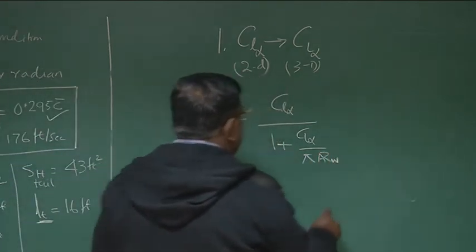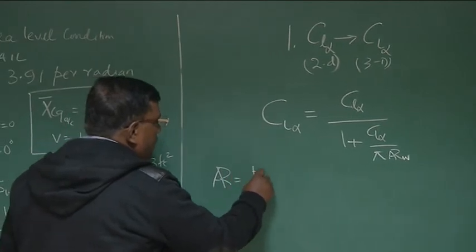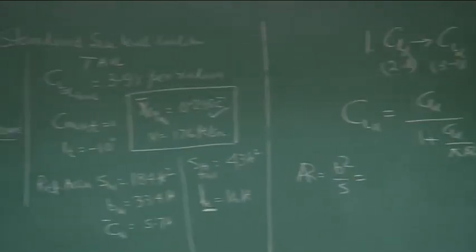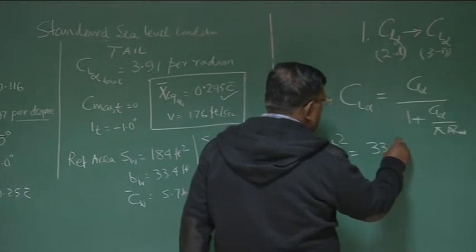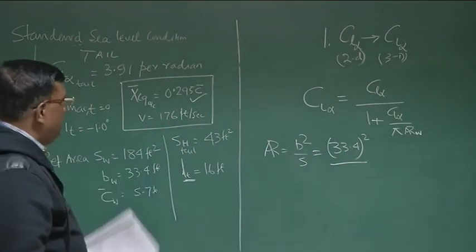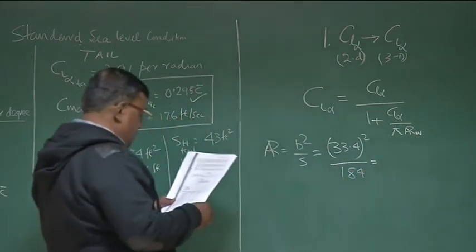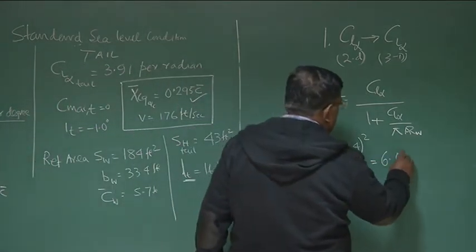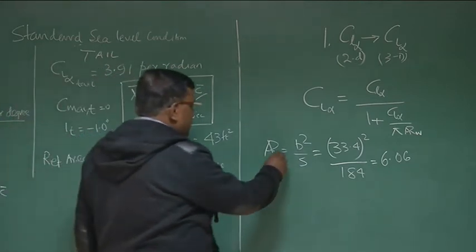We know aspect ratio is b squared by S. What is b for the wing? It is 33.4 feet. So 33.4 squared by S, which is also given as 184, gives a value of roughly 6.06. So this is the aspect ratio of the wing.